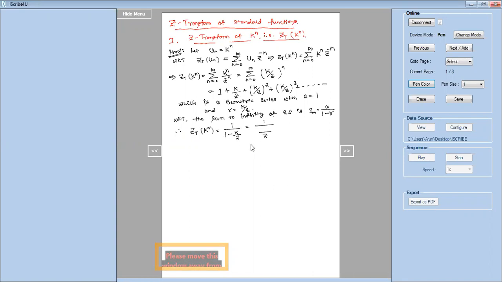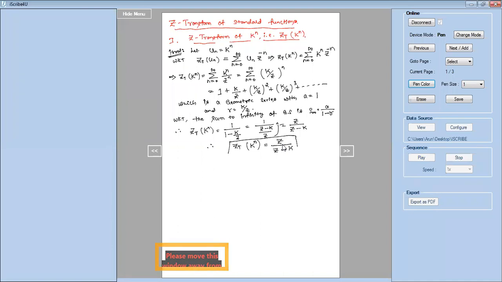So 1 into Z, Z. So it is Z minus k. So this z I can take it to the numerator. So this will go to the numerator here. So therefore it becomes z by z minus k. So therefore I can write, Z transform of k power n equals z divided by z minus k.